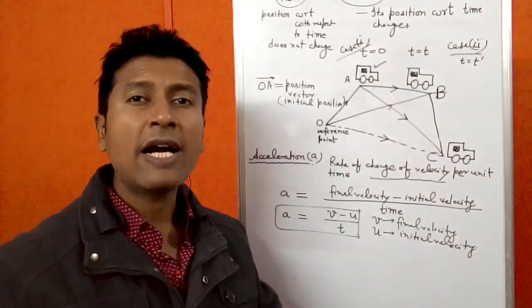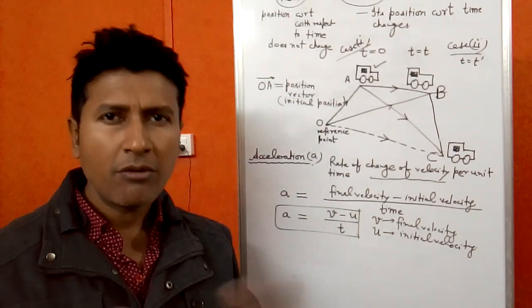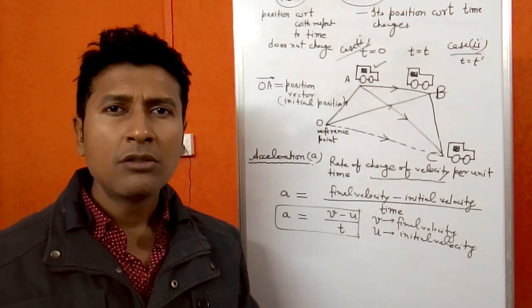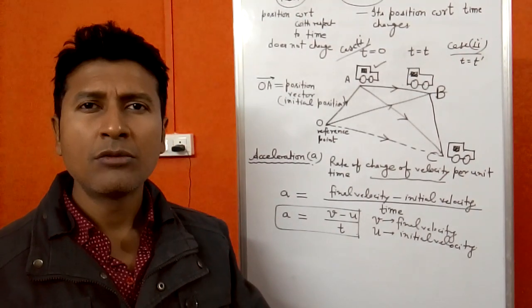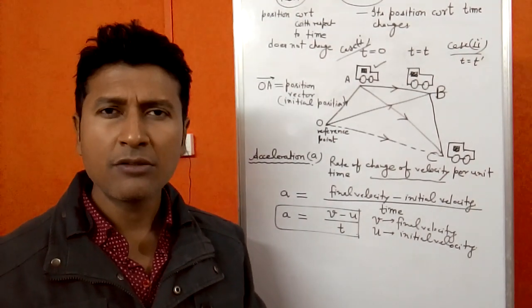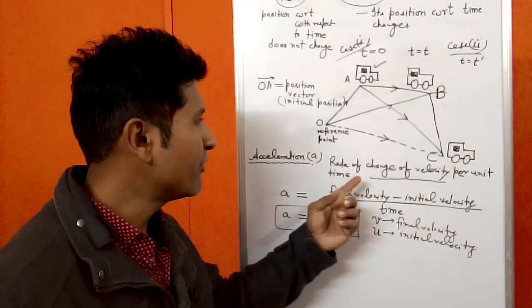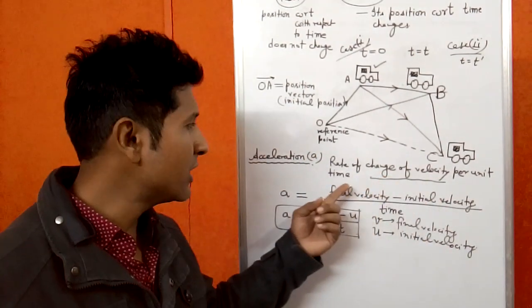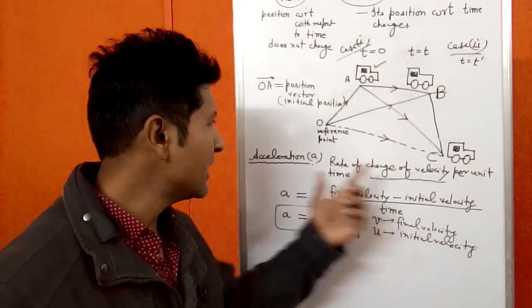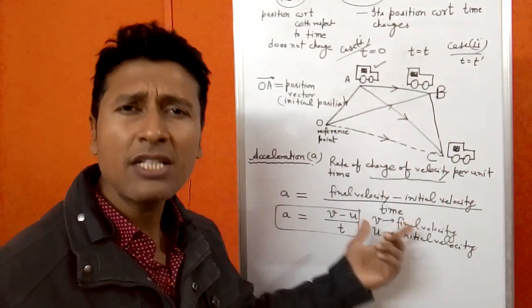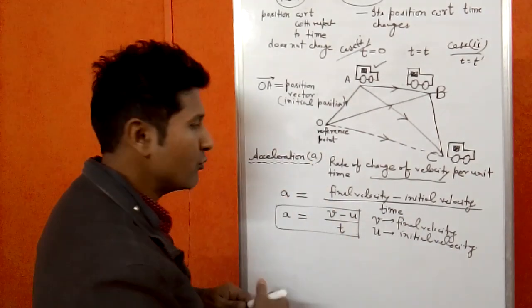That is called retardation. So we have acceleration and retardation, two different things, correct? In acceleration, it is the rate of increase of velocity per unit time, whereas in retardation, it is the rate of decrease in velocity per unit time. And of course, what has to be the unit?